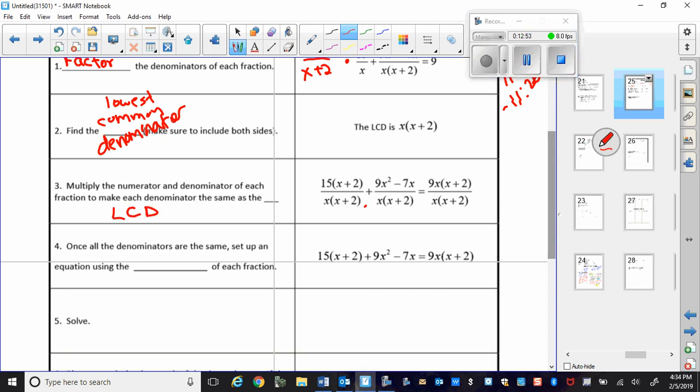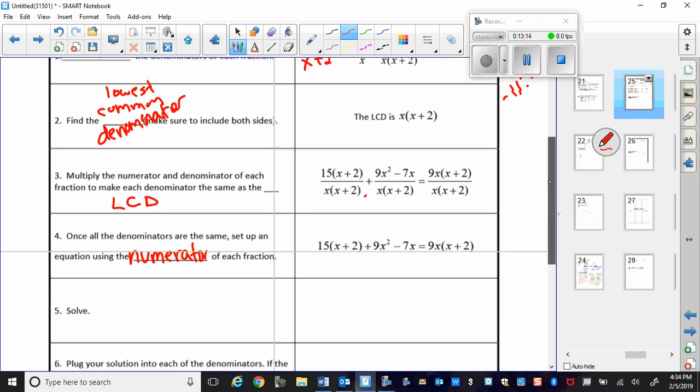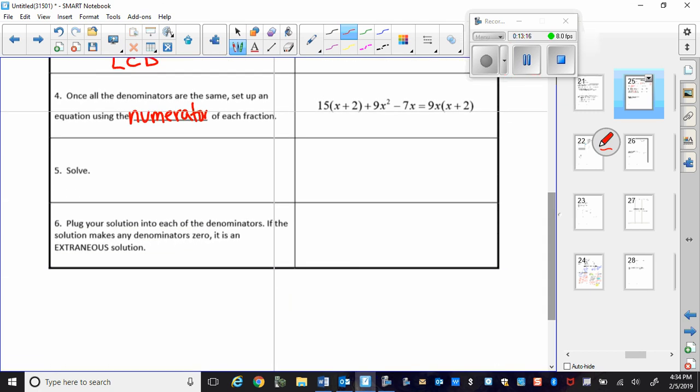Once all the denominators are the same, set up an equation using the numerator of each fraction, and then you solve for x. So I like the way this is set up. First, we're going to go through the rules with a problem. Then you solve. So let's go ahead and solve.